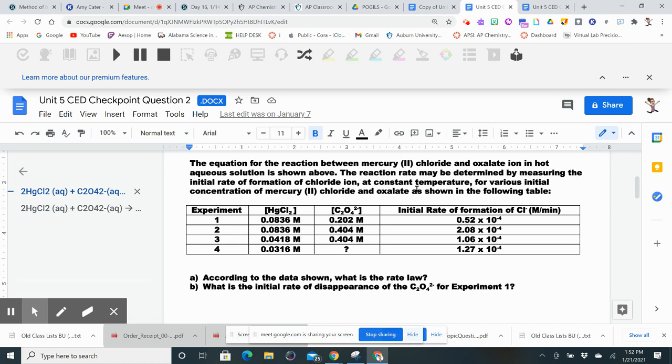It is finding a rate law based on this information, and then finding the initial rate of disappearance. It's not on the table. You have to determine it. We're looking for the rate at which the ozone disappears.